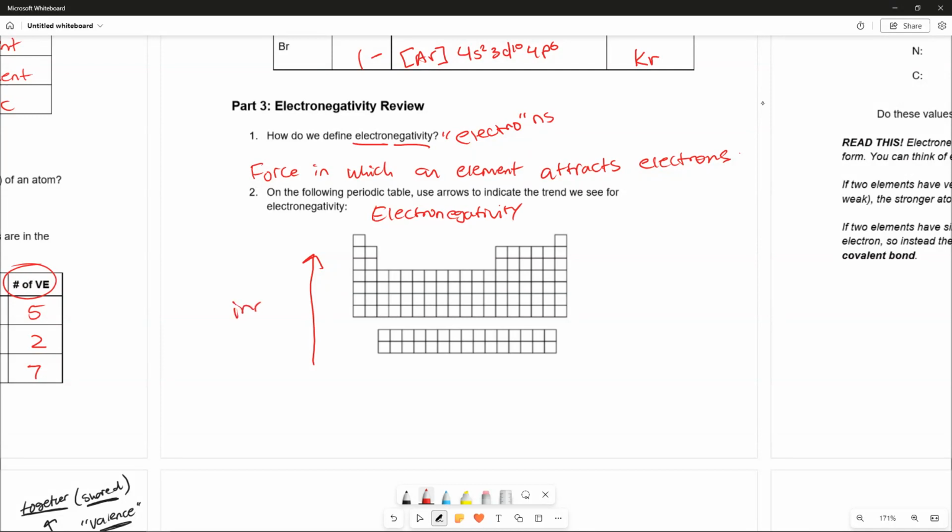Electronegativity increases up and right. All right. And it ends right here at fluorine. So the general increase in trend would look like this. I'll draw that a little sideways this way. And it'll stop at fluorine. That is how I write it.